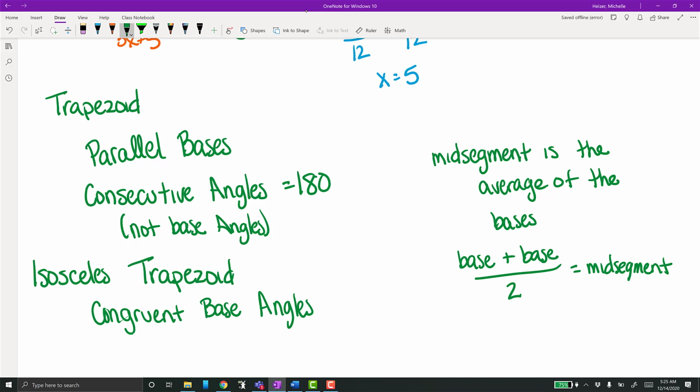So just keep that in mind. Trapezoids, parallel bases, consecutive angles are supplementary, and then you have that unique isosceles trapezoid with your congruent base angles. And then finally, we have that midsegment, which is the average of our bases. And that's all for our lesson today.